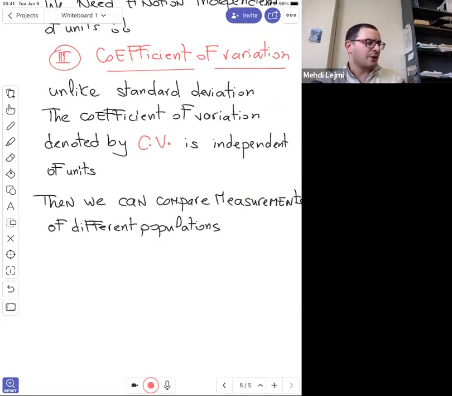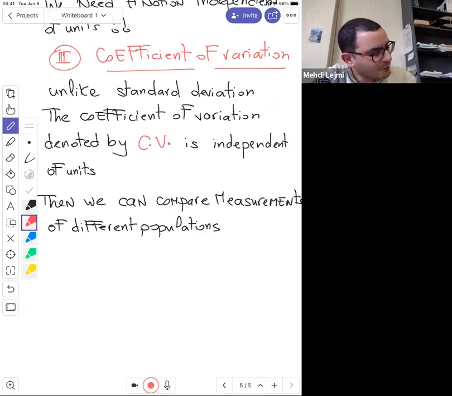So now, what's the formula of the coefficient of variation? Actually, the coefficient of variation is going to depend on the standard deviation. The only thing we're going to do is try to get rid of the unit. So here's the formula for the coefficient of variation.